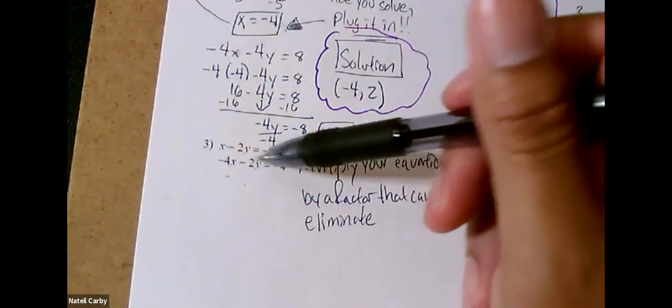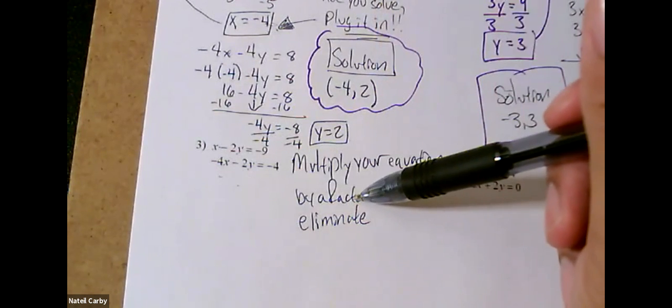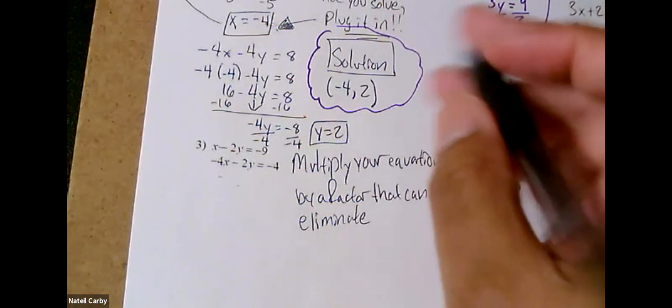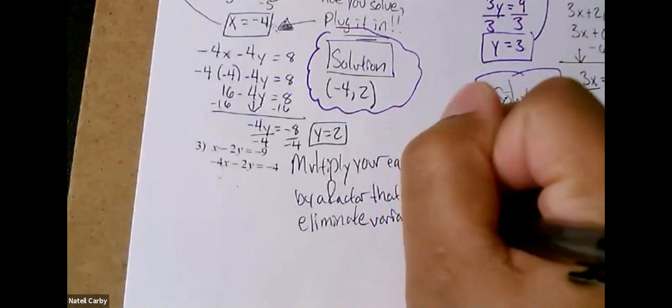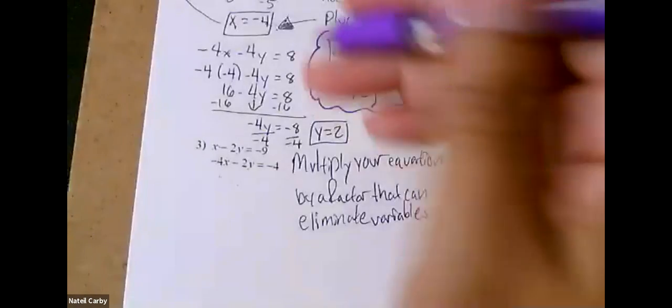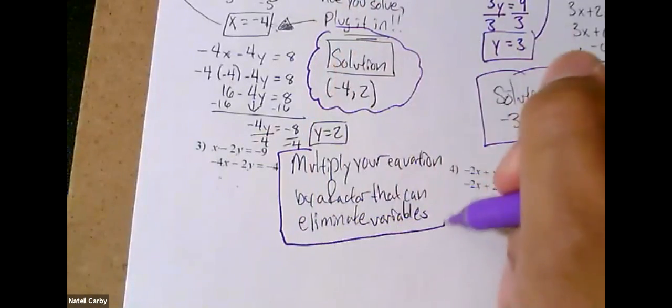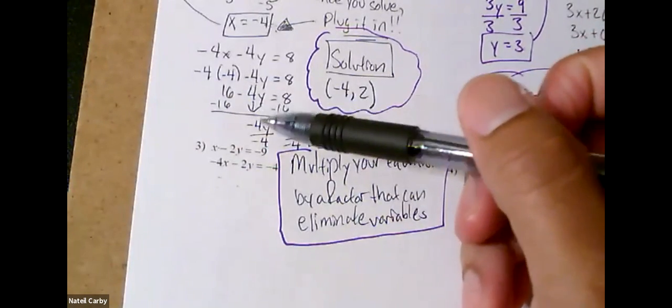So when you have a situation like this, you need to multiply the whole equation by a factor that can help you eliminate one of the variables. Okay, now whatever factor you choose, it doesn't really matter.